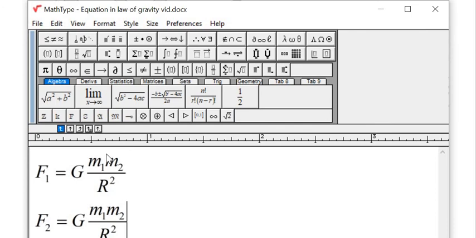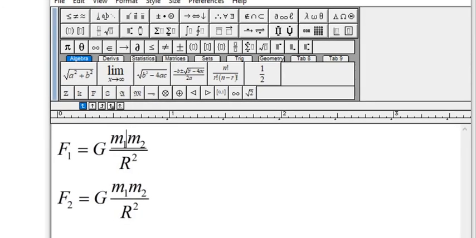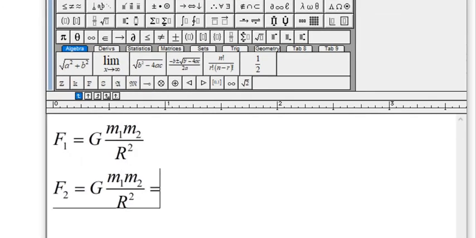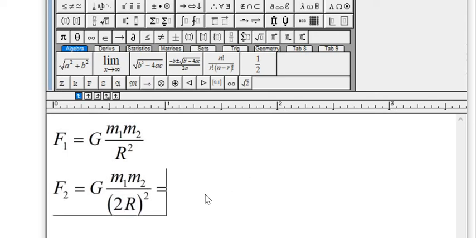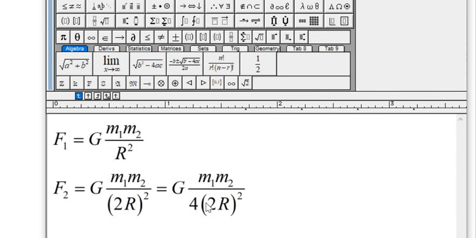So let's see what happens here. Remember I said we're going to double R. So let's put parentheses here and double R. Make that 2R squared. See what happens? You have to square the change in R. So that becomes G times M1 times M2 over 4R squared.